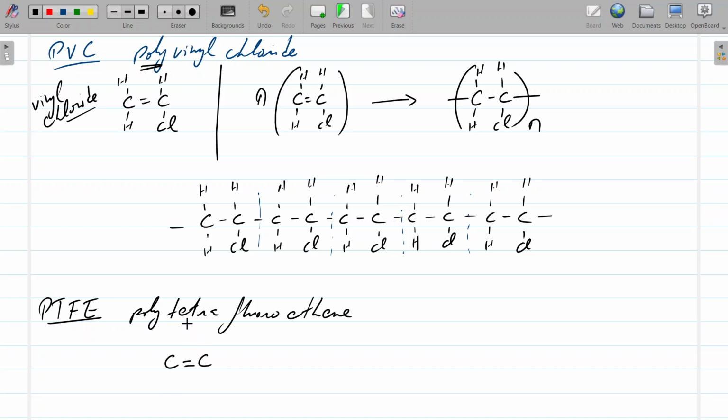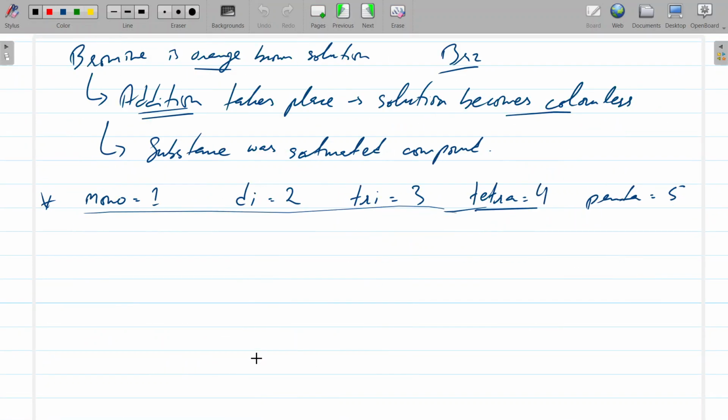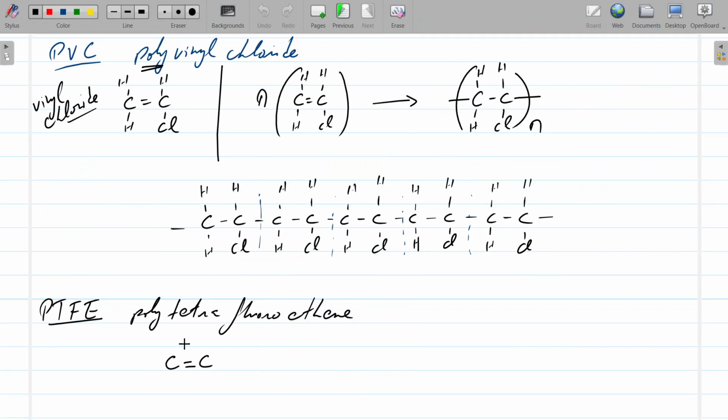And what does tetrafluoro tell you? How much is tetra? 4. Come on, guys. And what does fluoro tell you?